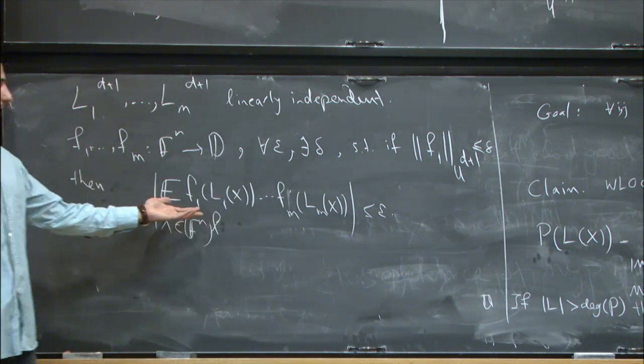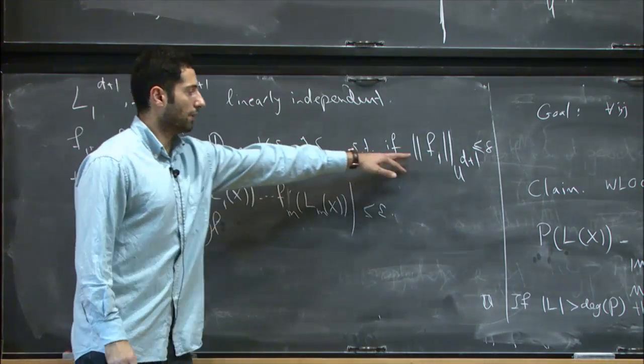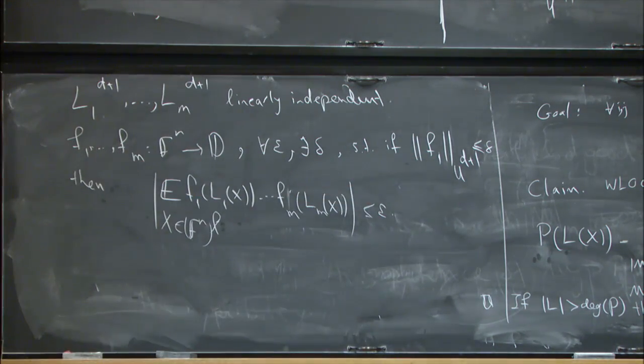And this will imply the conjecture because, so f1, we don't use what it is, really. It could be any fi.